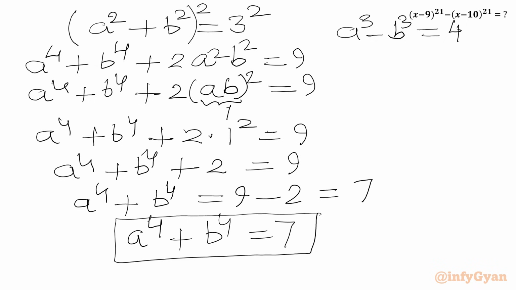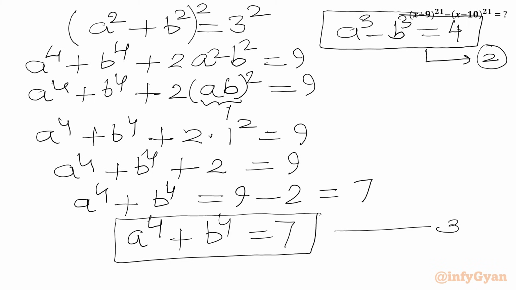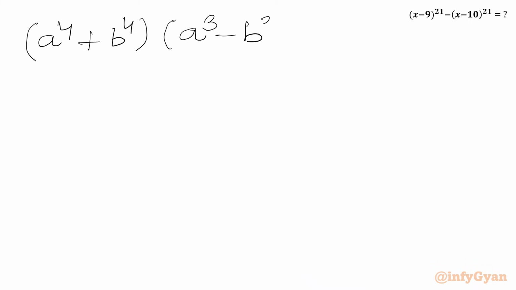Now we are going to multiply these two equations. Let's say this is our equation number 2 and this is our equation number 3. So I will write a power 4 plus b power 4 times a cube minus b cube equal to 7 times 4.